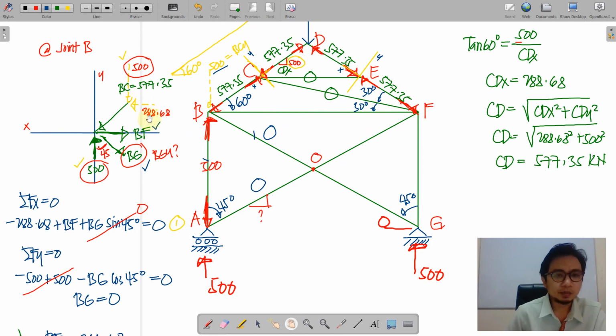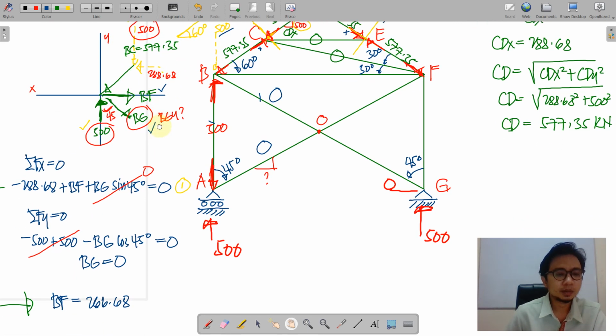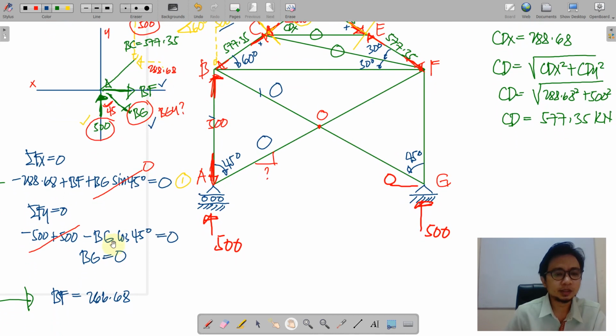If we can see it in the figure, that is the component of BC. In fact, BC has a component of 288.68, going towards left. So there will be no other force to counter this than BF, that is 288.68.